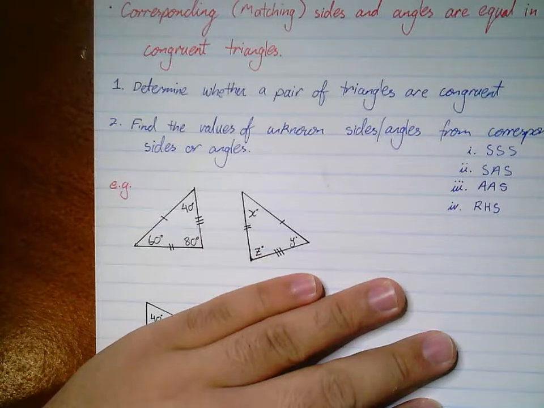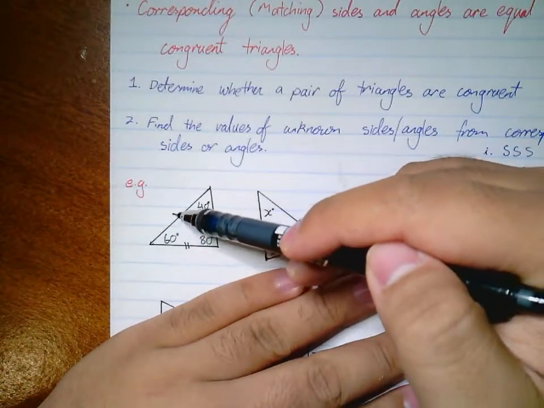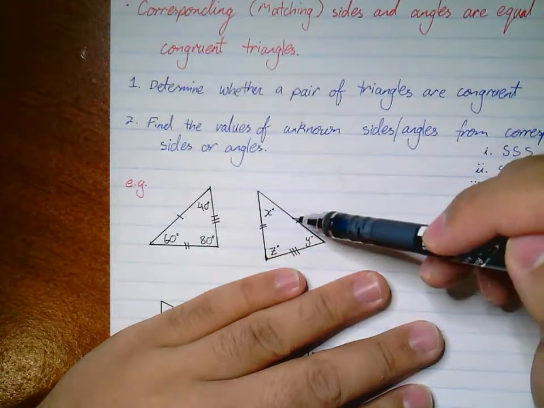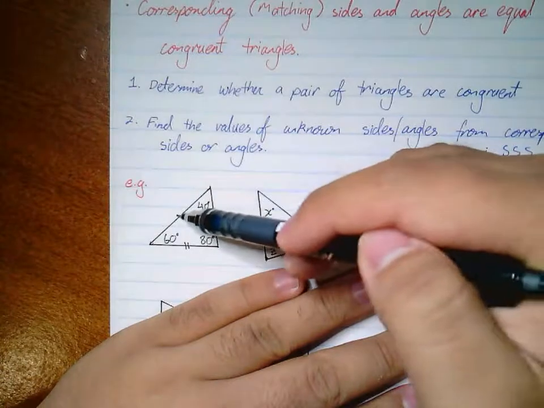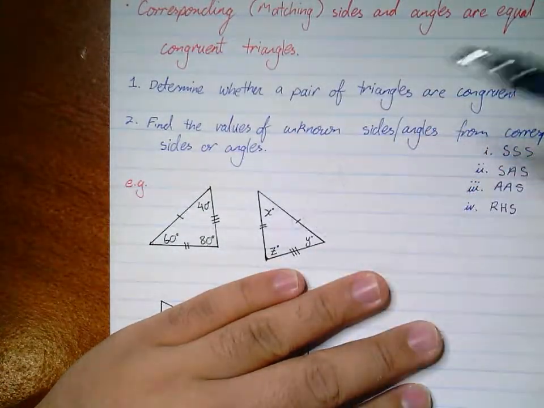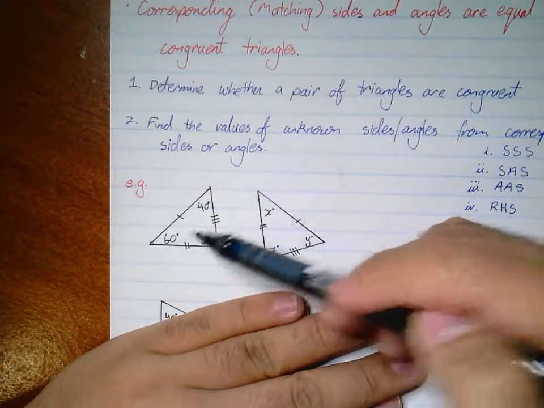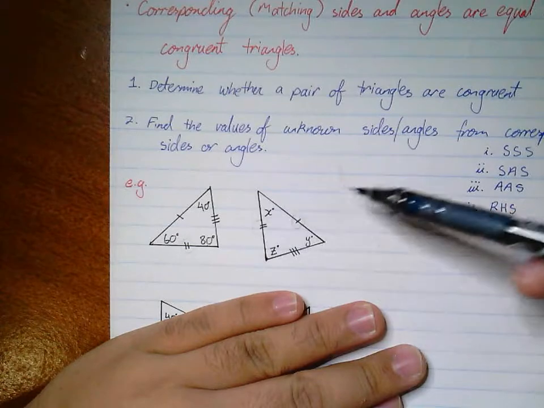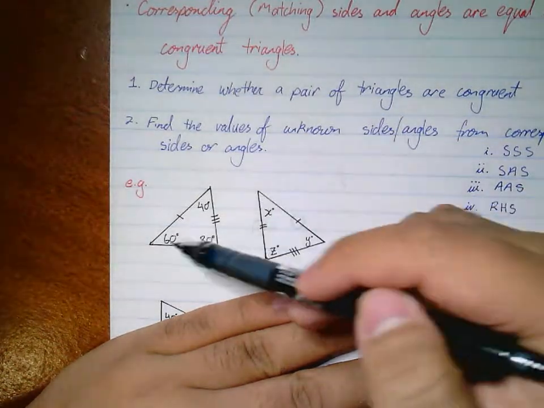If we remember, if there's a little dash on this one and a little dash on this one, then that means that they are equal. So we have 1 pair of sides, so these 2 are equal. We have another pair here: 2 dashes here and 2 dashes here, so these 2 sides are equal.